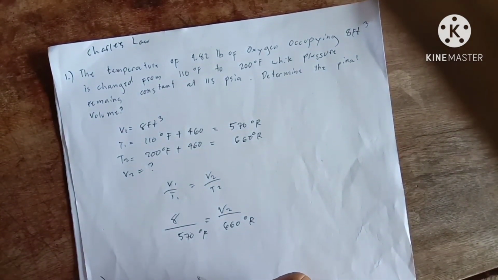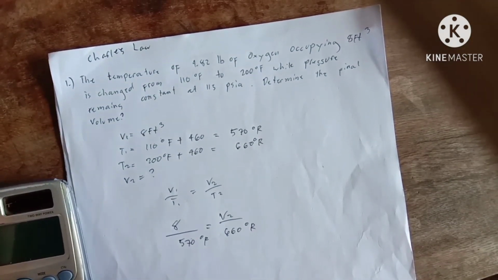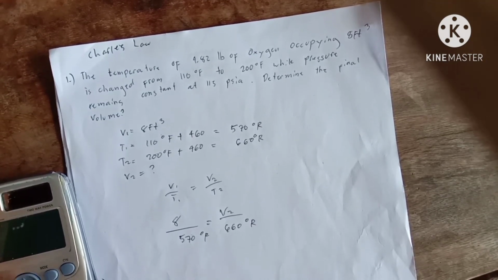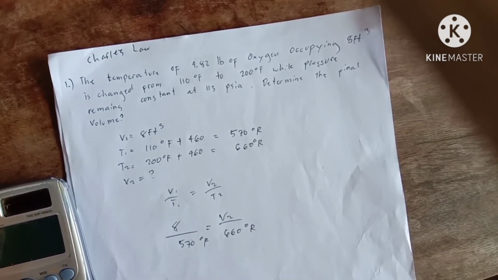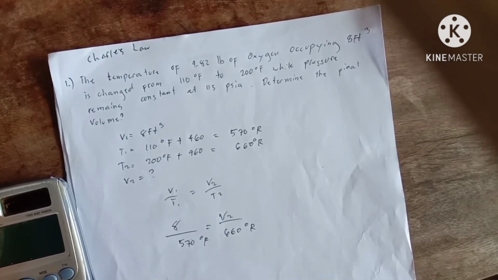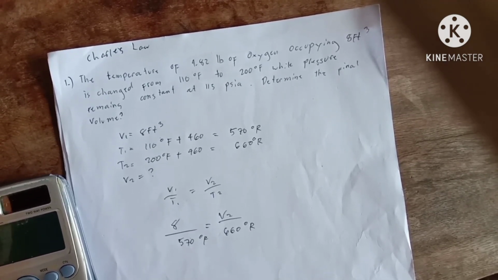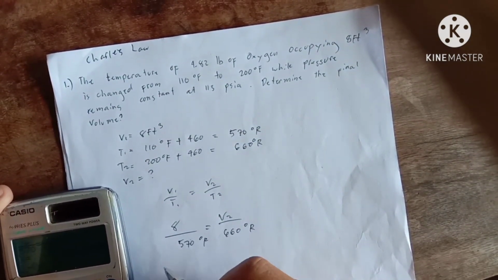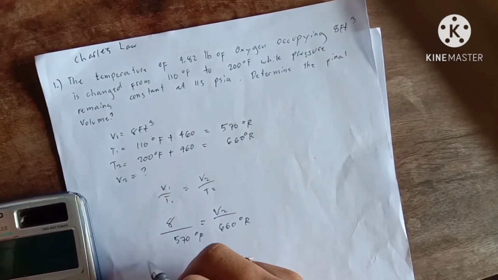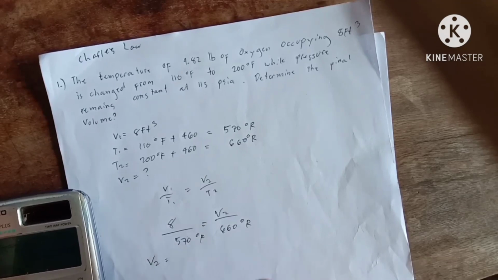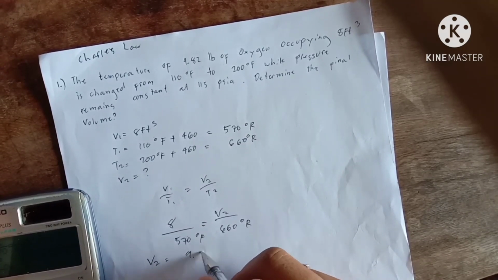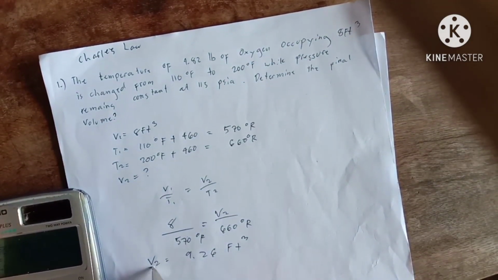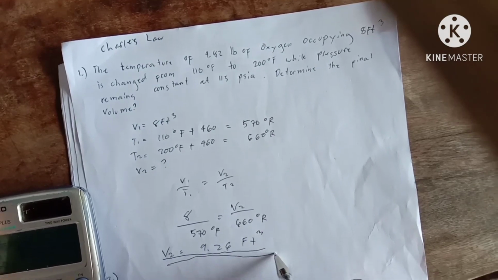So we solve using shift solve. 8 over 570 equals alpha x over 660. The answer is 9.26 cubic feet. So the final volume equals 9.26 cubic feet. So the final answer is 9.26 cubic feet.